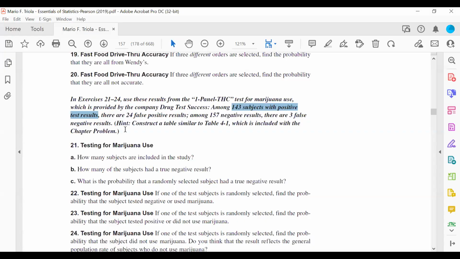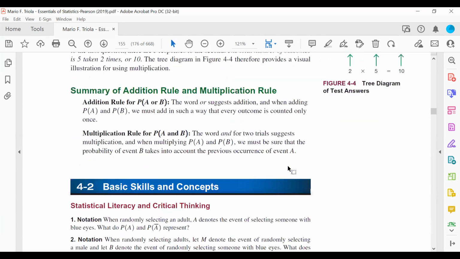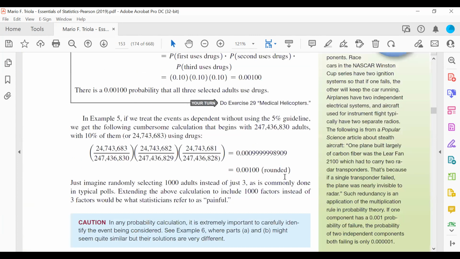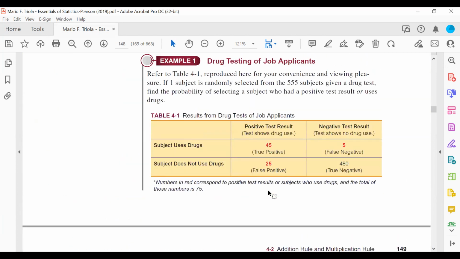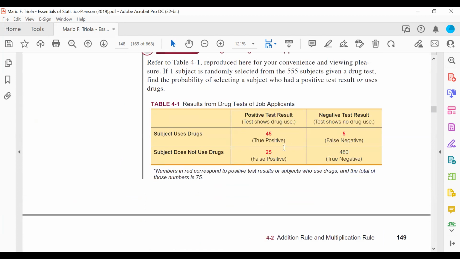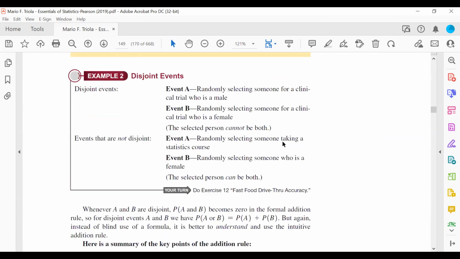All right, next part. There were 24 false positive results. False positive. You remember where false positive goes. All right, we got to go back to our picture that we did with the drug test from the applicants, and let's see where the false positives fell. The false positive was on column 1, the second spot. So that's where it goes, right there, false positive.